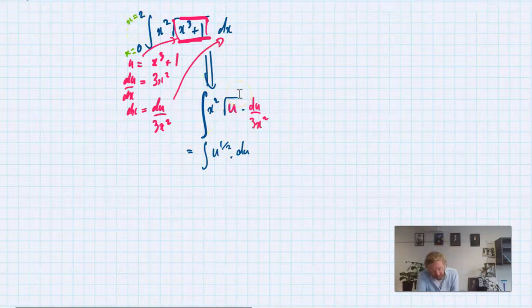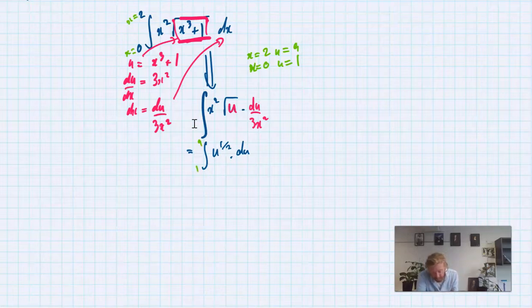So what I can say is, when x is 2, u is equal to 2 cubed is 8, plus 1 is 9. And when x is equal to 0, u is equal to 1. So my new bounds, instead of 2 and 0, are 9 and 1.